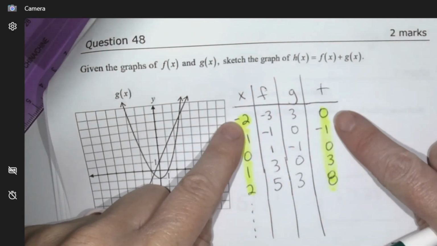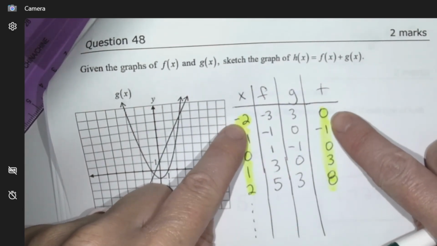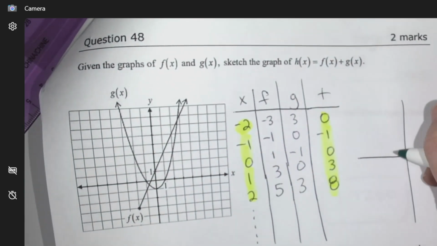Okay, so these are the coordinates at the end that I'm graphing. So -2, 0 would be a coordinate on my final graph.